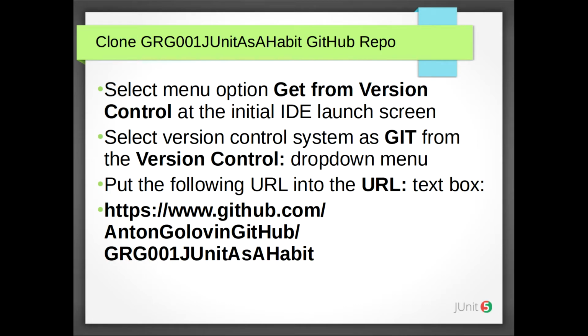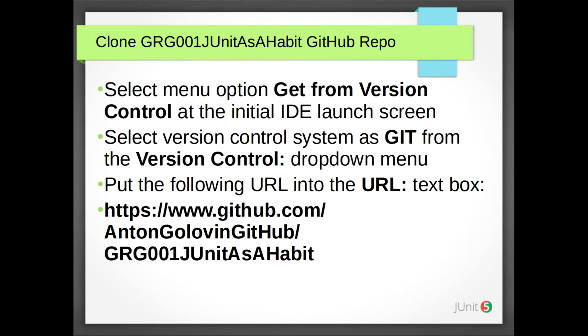Clone GRG-001 JUnit as a habit GitHub repo. Select menu option Get from version control at the initial IDE launch screen. Select version control system as Git from the version control drop-down menu.